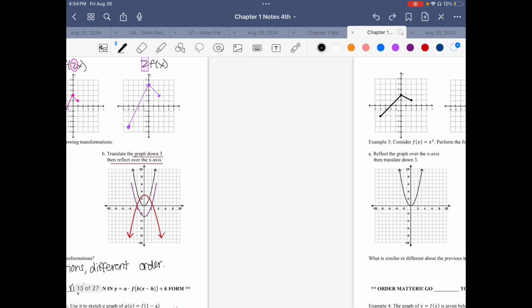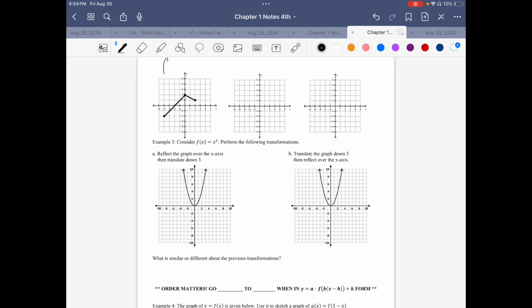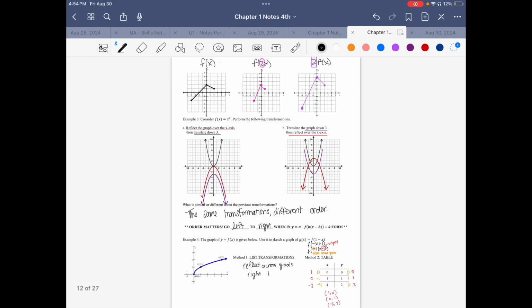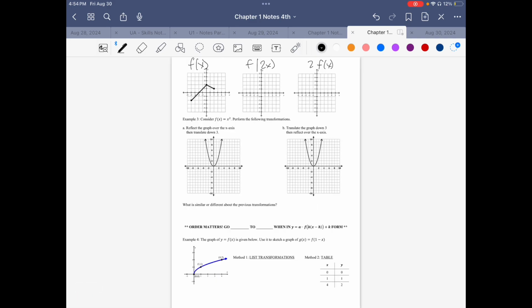The next section got a bit split, so I apologize, but this is supposed to be your original f of x, and then it would like you to graph f of 2x as well as 2f of x, so as to compare the two. So we will go ahead and do that, again with the 2 inside. That means that it would like us to be twice as close.